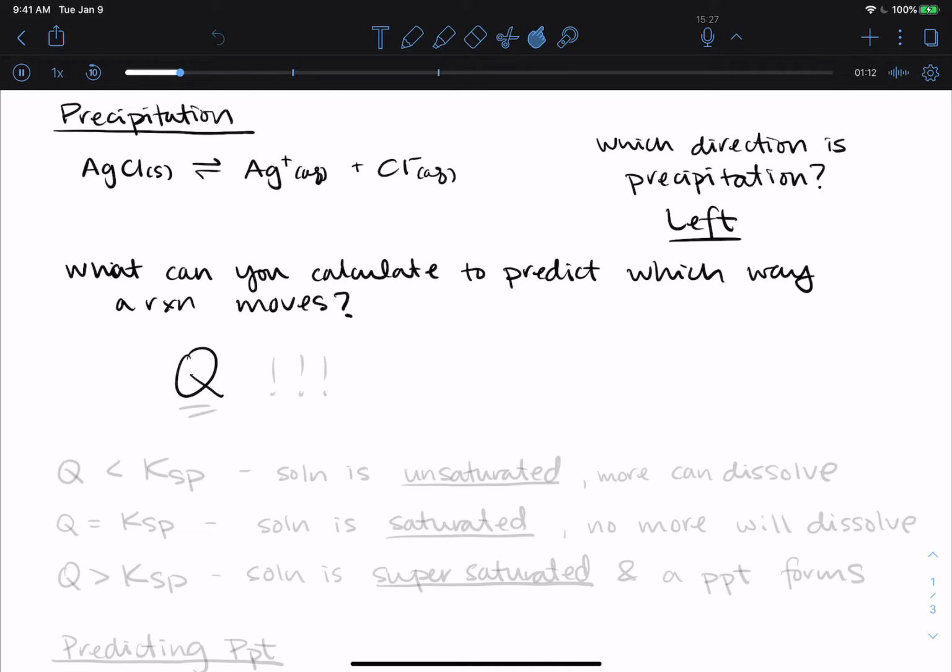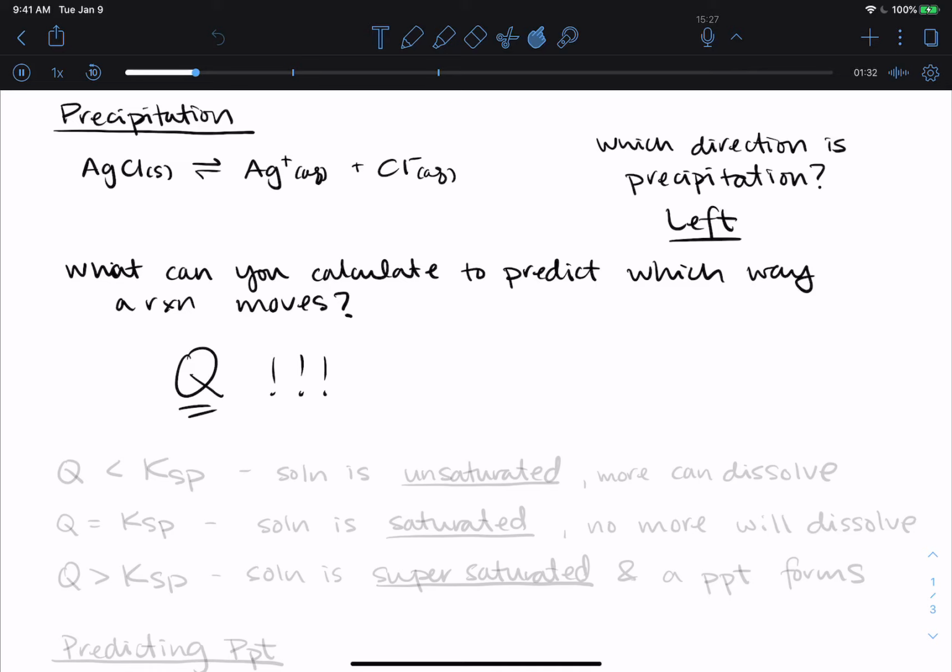The reaction quotient. So Q is back. The reaction quotient will tell you whether or not you get a precipitate. And what do you do with the reaction quotient to determine which way a reaction moves? You compare it to the equilibrium constant.